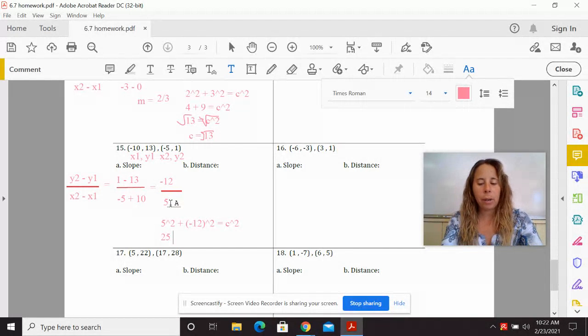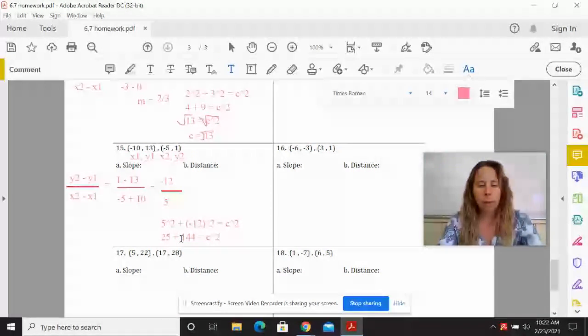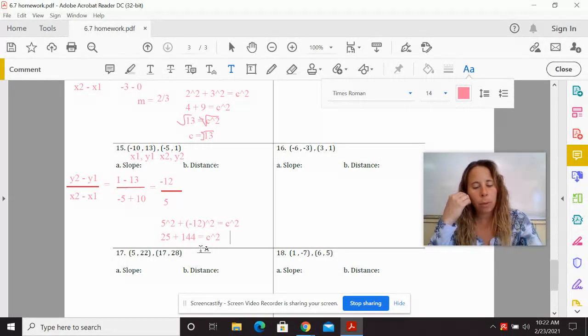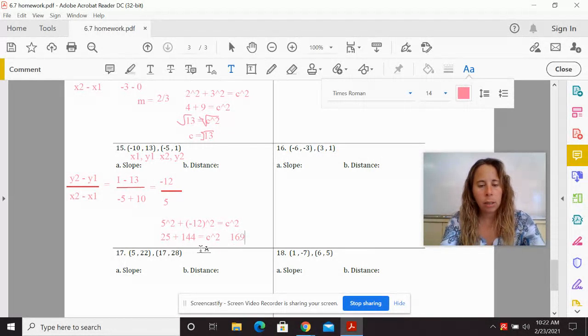Negative 12 times negative 12 is positive 144. Make sure you put this as a positive. Negative times a negative is a positive. Then 25 plus 144 is 169 equals c squared.